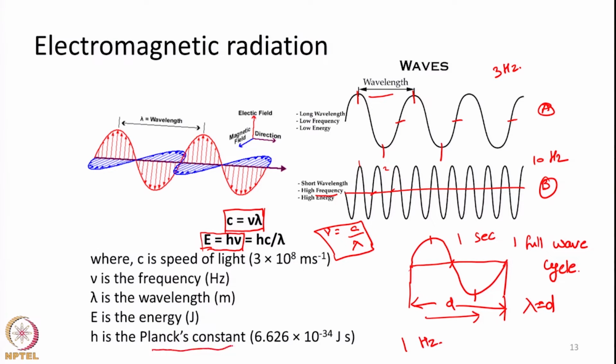So, what this says is the energy content of a wave is directly proportional to the frequency. So, higher the frequency, higher the energy content of the wave, or longer the wavelength, which implies lower the frequency, that means lesser the energy content of the wave. So, energy content, wavelength and frequency are all related with each other.